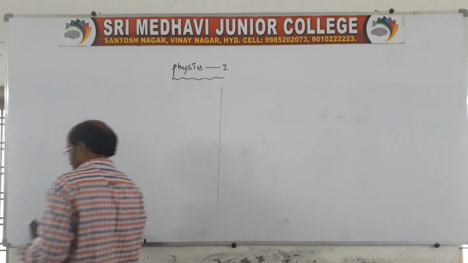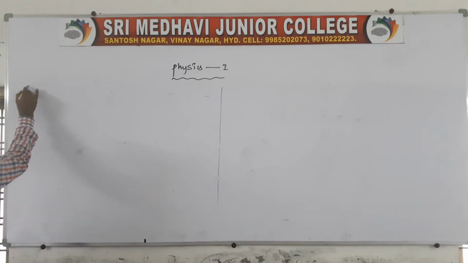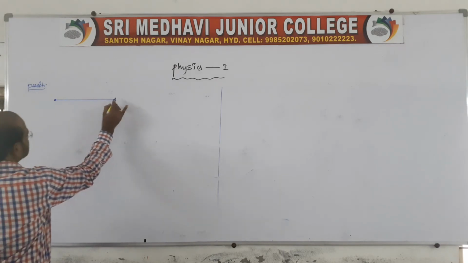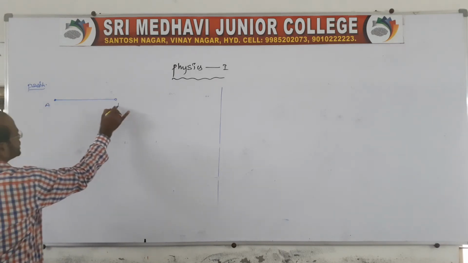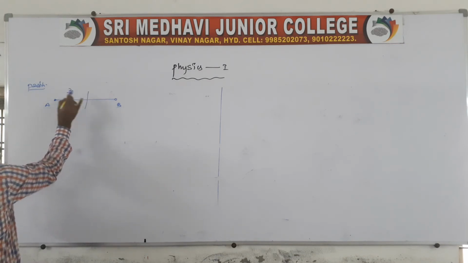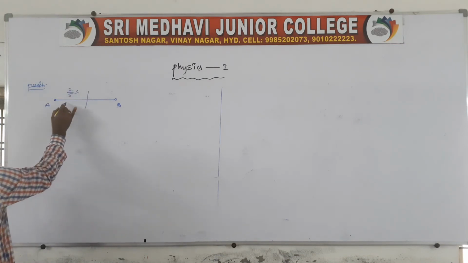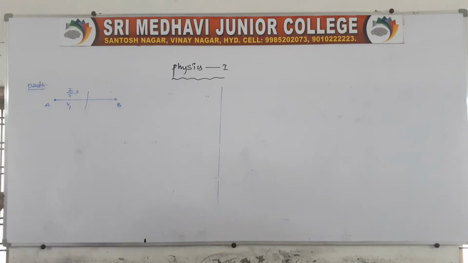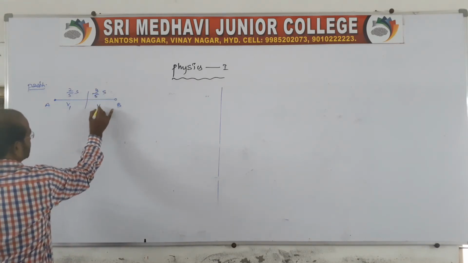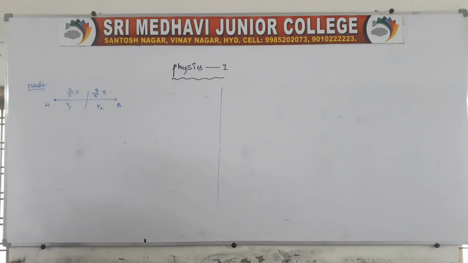The question is again about a particle. Suppose a body is traveling between two positions. The first 2 by 5 of the distance is with speed v1, and the next 3 by 5 of the distance is with speed v2. Then find the average speed. The question is the same, again asking average speed.